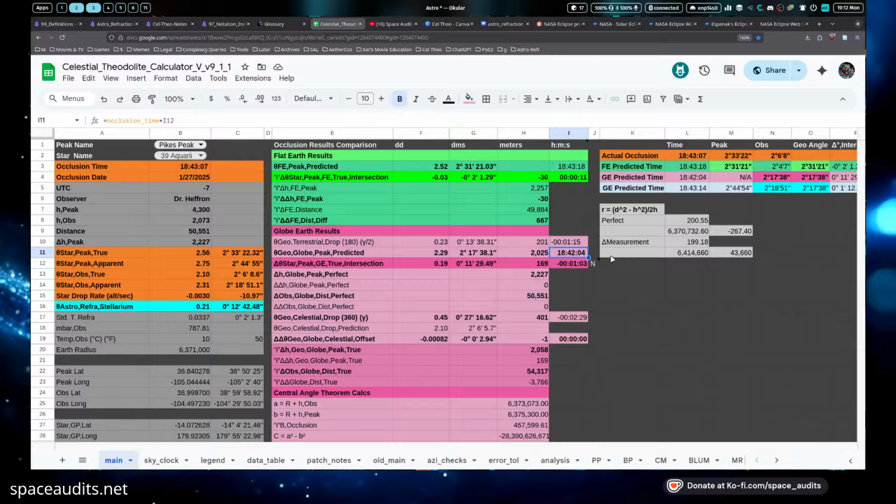And then the time of occlusion was 18:43:07. Okay. So how does that relate to my question? It relates to your question in that the observer predicted the geometric alignment at this earlier time. This is how we got here.